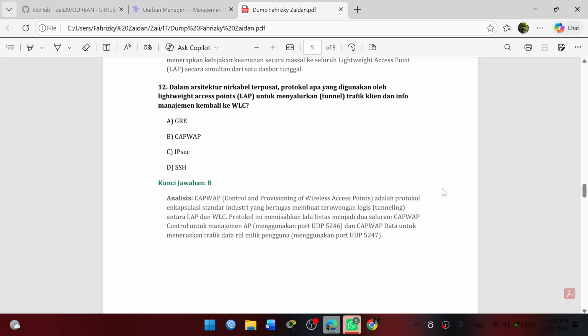It builds a logical tunnel between the LAPs and the WLC, separating traffic into two streams: CAPWAP control for AP management using UDP port 5246, and CAPWAP data for actual client data traffic using UDP port 5247.